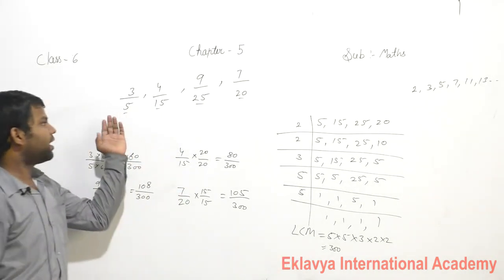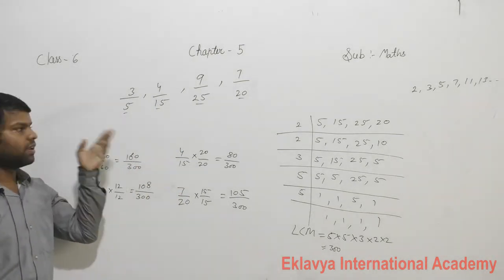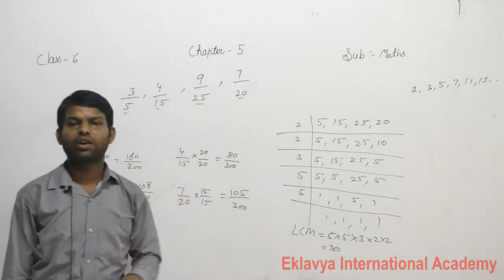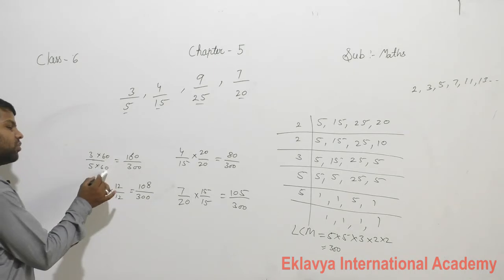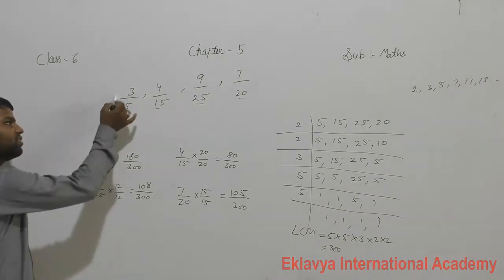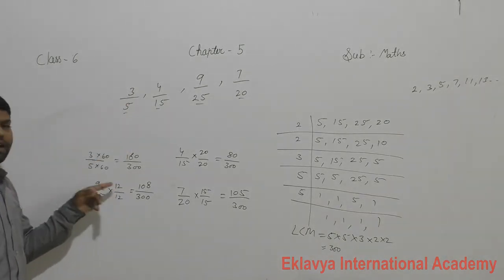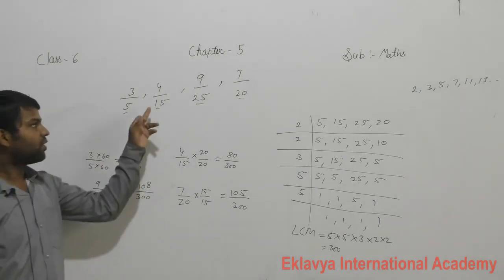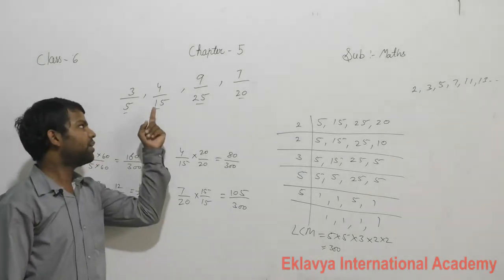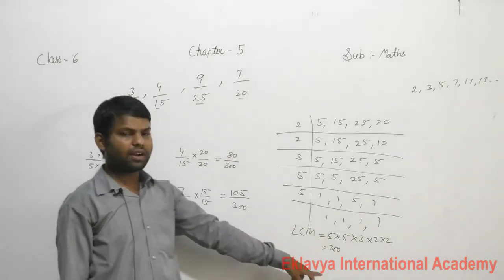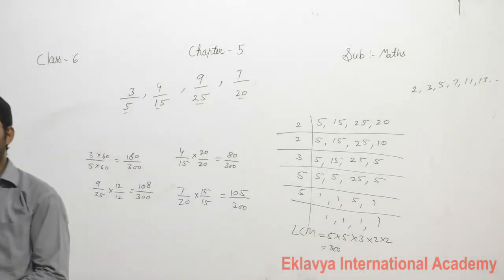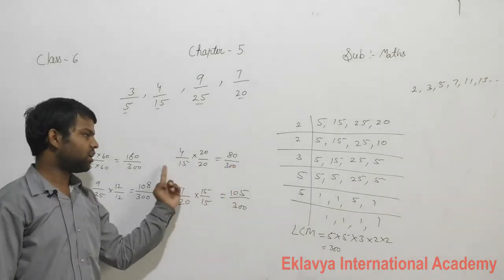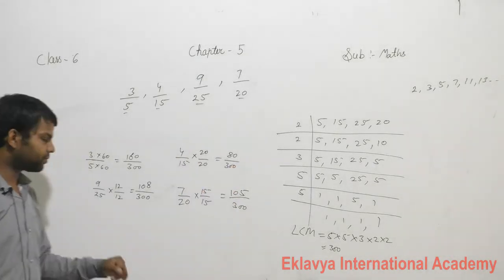If we divide 300 by each denominator one by one, by the first denominator 5, we get 60. So we multiply the first fraction's numerator and denominator both by 60, and we get 180 upon 300. Second, 300 divided by the second denominator gives 20, so 4 times 20 is 80 and 15 times 20 is 300.